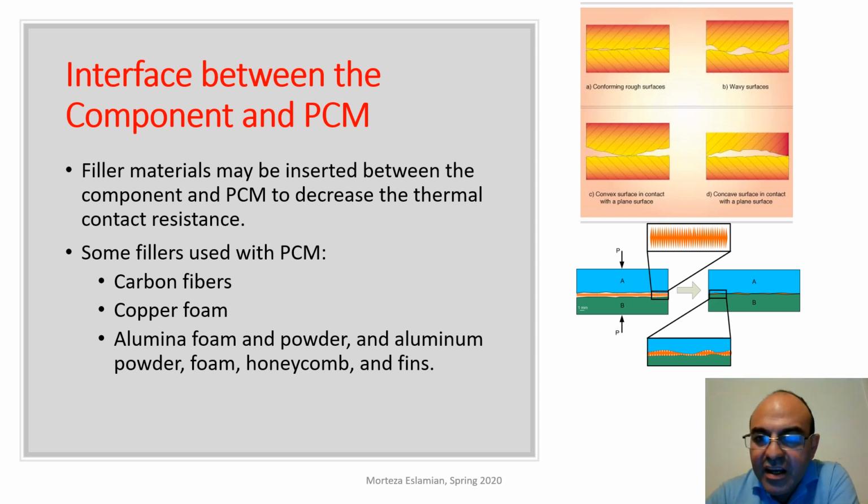Here, the two surfaces are quite smooth, so there's not much gap, but sometimes the surfaces are wavy. So of course, first we need to make sure that the surfaces are very smooth.